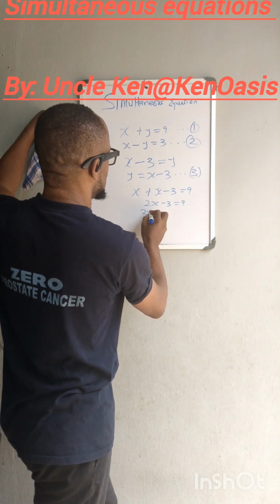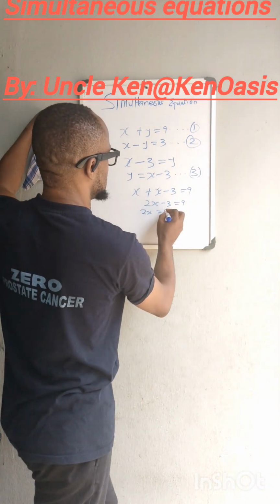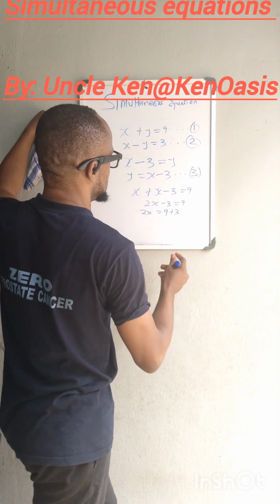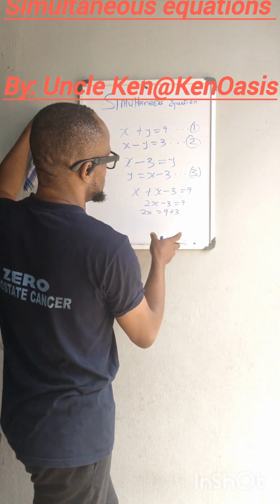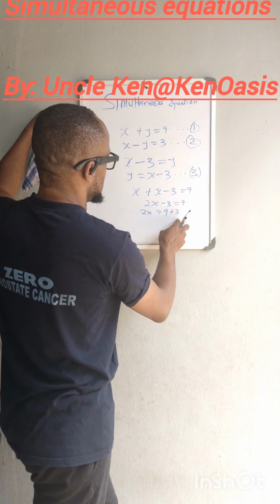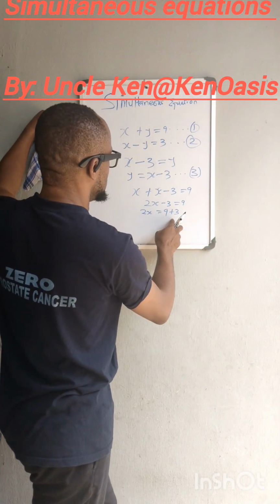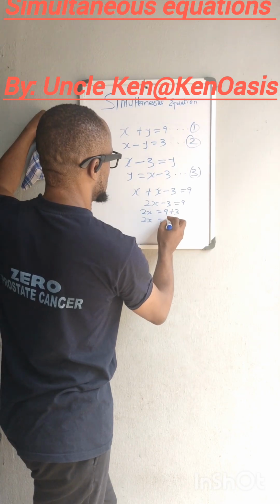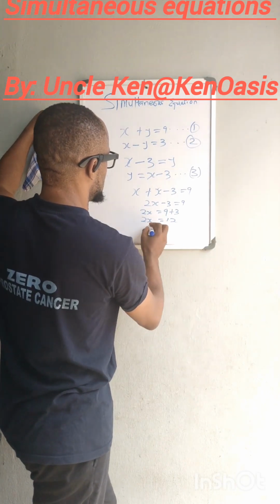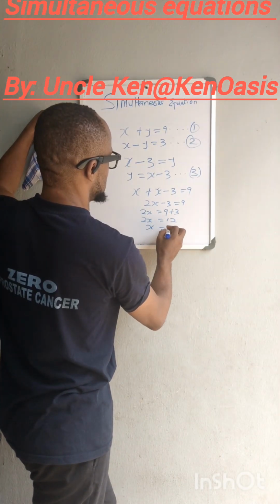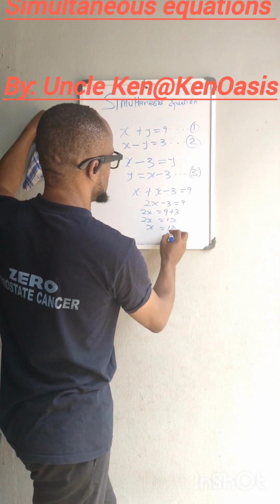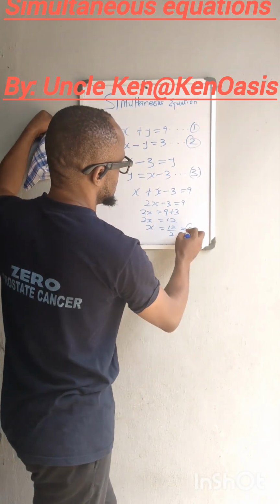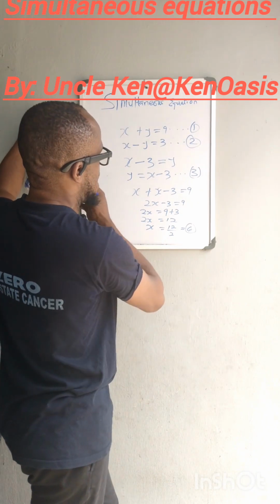Now 2x is equal to 9 plus 3. 9 plus 3 is equal to 12. So 2x is equal to 12. So x is equal to 12 over 2, which is equal to 6, like we got earlier.